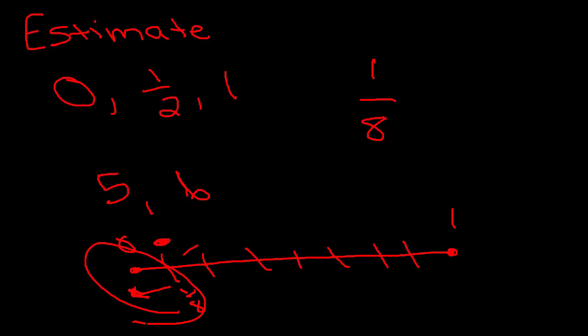Now, if I want to just be able to estimate and look at that number and guess where it's close to, then I really need to think about these numbers and how they relate. So 1/8. Well, 1 is much smaller than 8, right? So this is a very tiny piece of whatever I'm talking about.